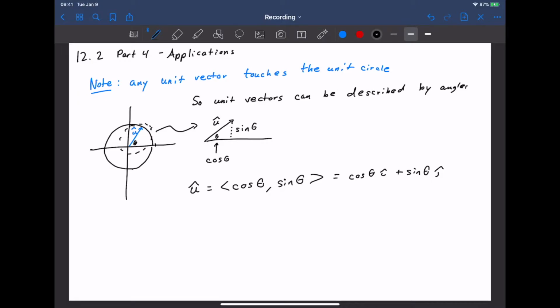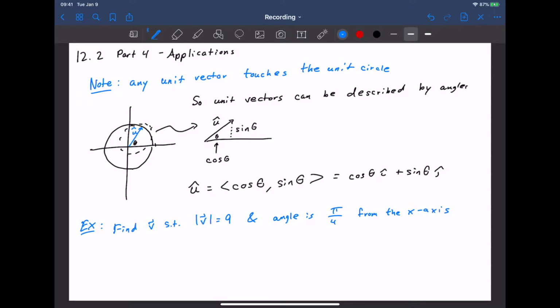Okay? How is this useful? How would we possibly use this? Example, find a vector v such that the length of v is 9 and the angle is pi over 4 from the x-axis.